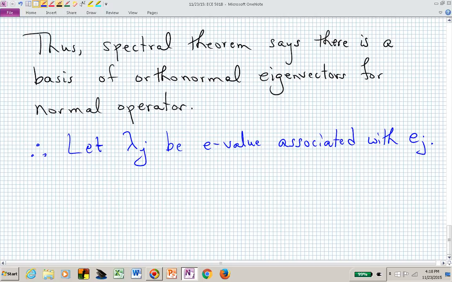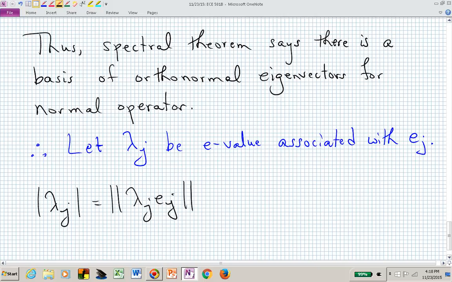What we want to do now is see if we can learn something from the absolute value of lambda sub j. Is it okay if I said that the magnitude of lambda sub j is the norm of lambda sub j E sub j?